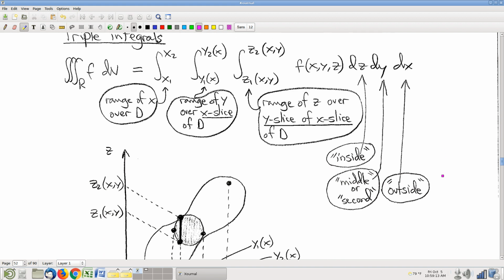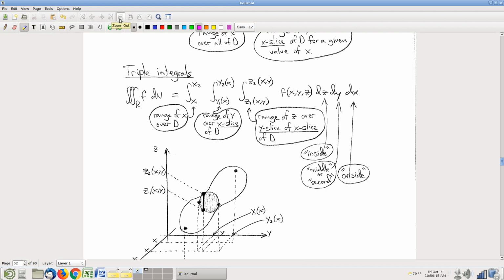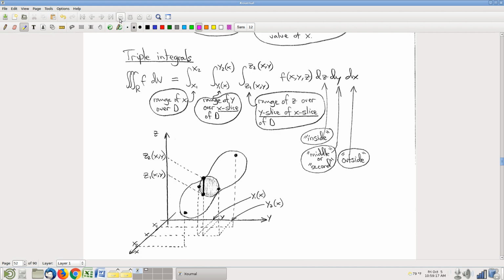By the way, a terminological observation. How do you refer to these integrals? Just like with double integrals, I strongly advise against using first, second, third, because the slicing is first, second, third, but the evaluation is the opposite order. So it's super ambiguous if you say first, second, third. But I think calling this one outside is unambiguous.